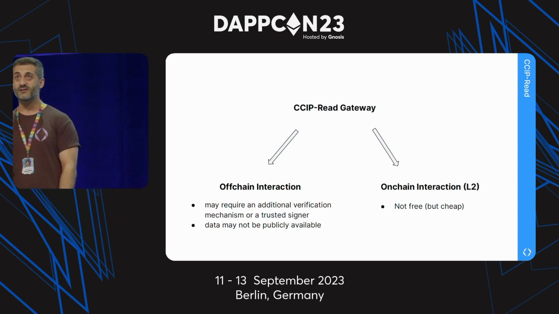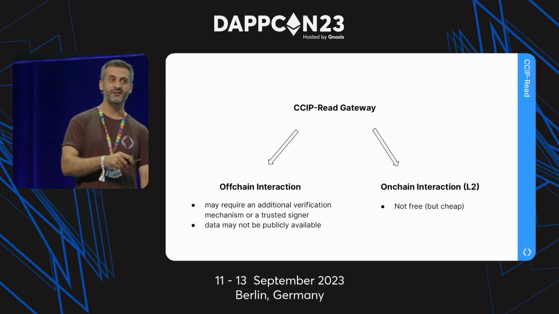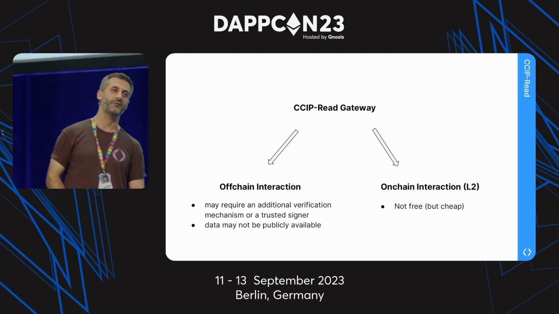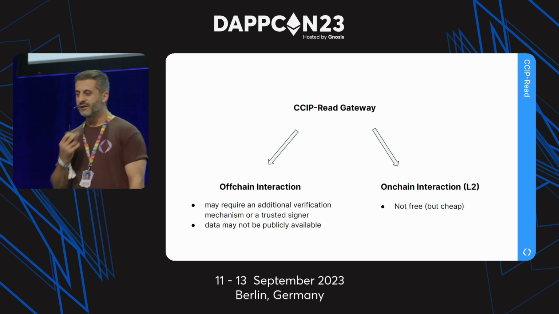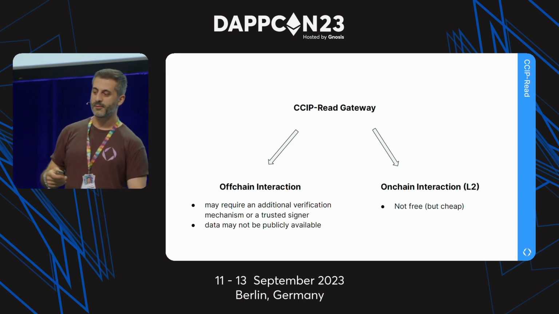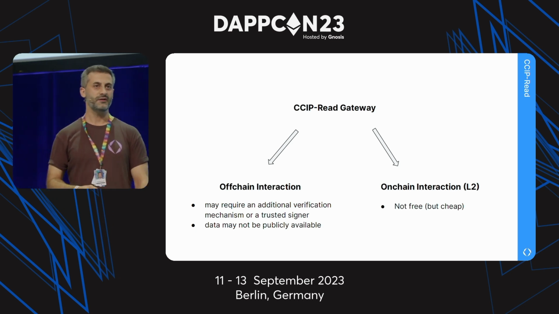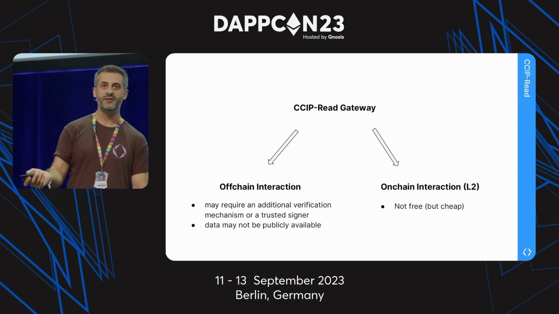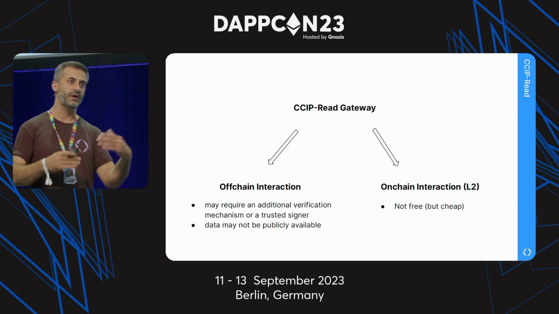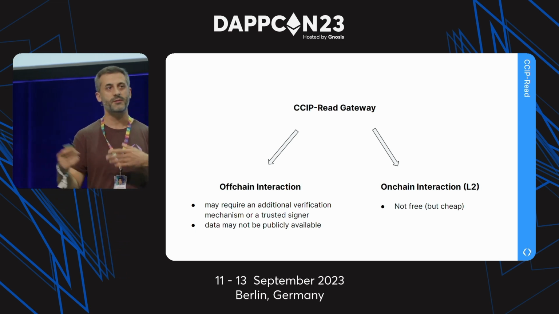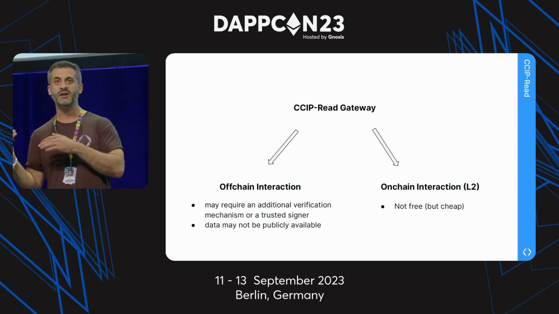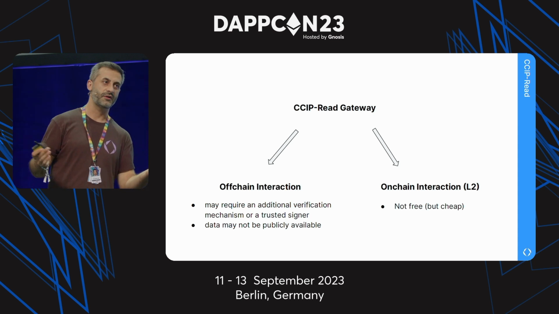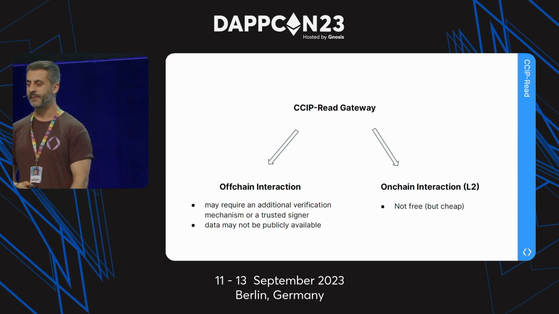It's not that easy to find the use cases, but they are definitely there, and we are using it actively. The second thing is that data may not be publicly available if it's off-chain. If any company is using that, they can have some sort of private database and keep all the information there, so you will not be able to query all this information.